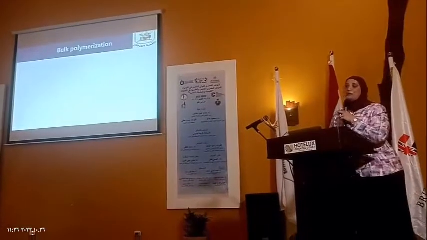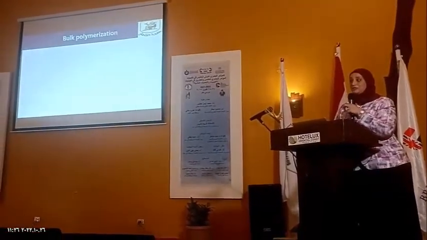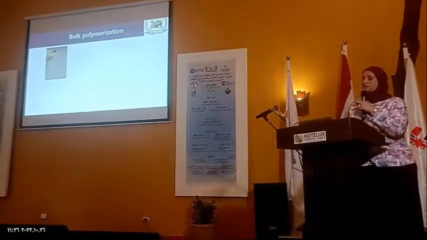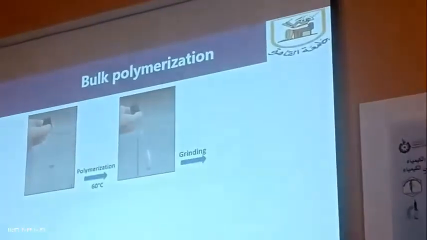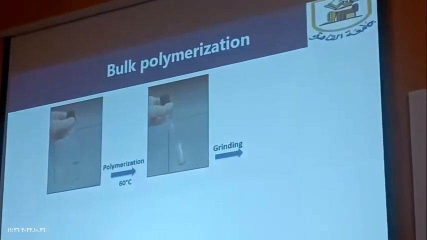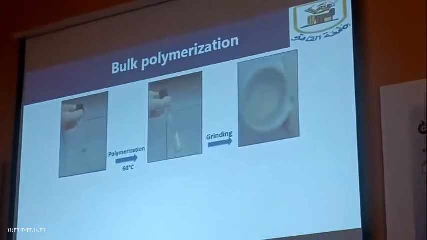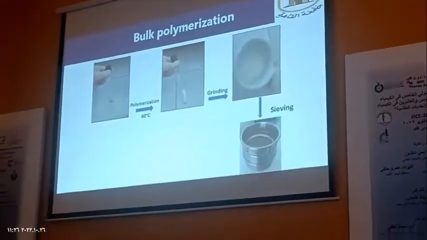The simplest one, which is, you can say that like 70% of the publications in literature are based on bulk polymerization. So bulk polymerization is just mixing the ingredients together, cross-linking them to get a bulk of polymer, and then you grind it using a mortar, and after this you need to sieve it in order to control the size.